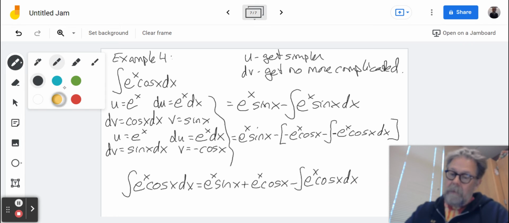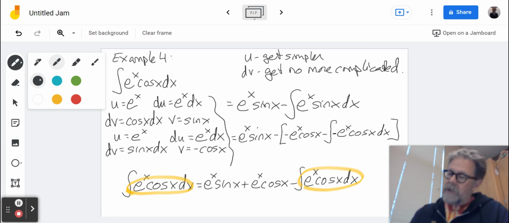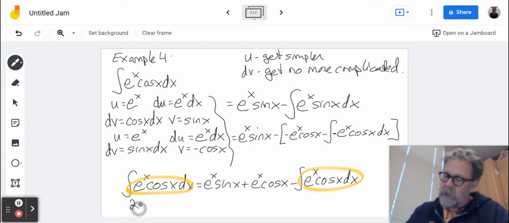And if you're thinking quickly, you might notice that we have two of these integrals, one on each side, which means that I can add the one on the right to the one on the left, giving me two of these.